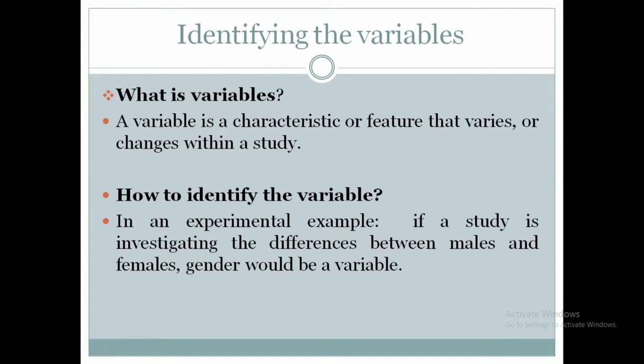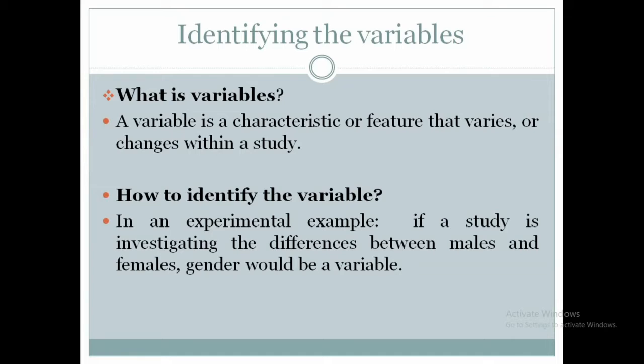Now, identifying the variables. For that, first, what is a variable? A variable is a characteristic or a feature that varies or changes within a study. So you can easily identify those things, right? So how to identify the variable?